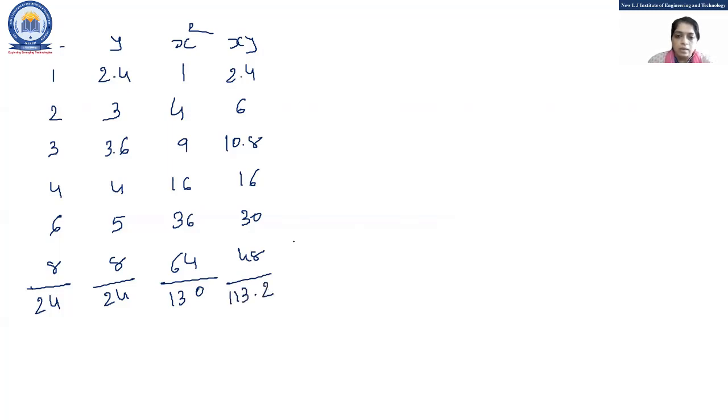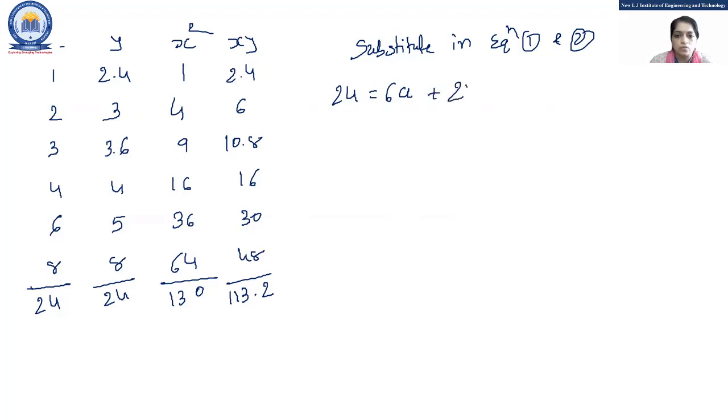113.2. Now we are going to substitute all these values in equation 1 and 2. So by substituting all these values, my first equation is summation y, so that is 24, N is 6, so 6A plus 24B.